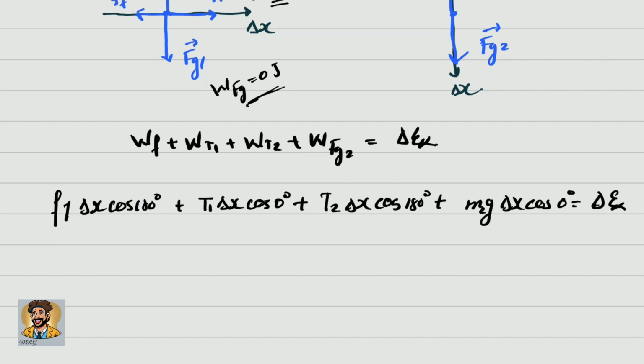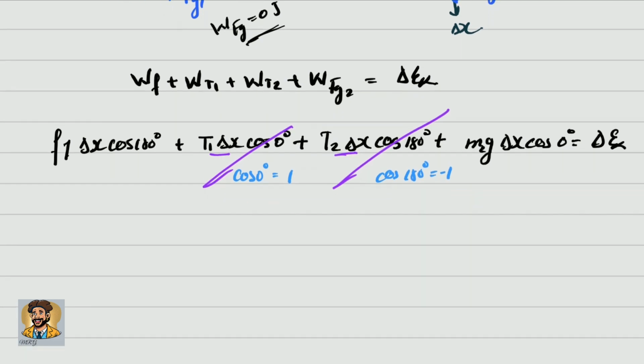Now we said before, cosine of 0 degrees is equal to 1, cosine of 180 degrees is equal to minus 1. These are common factors, therefore T1 and T2 will cancel each other. So what do we have left after they cancel?